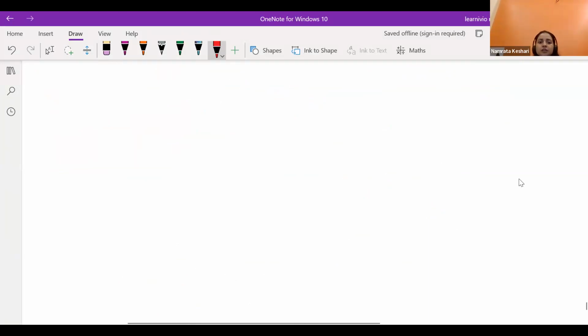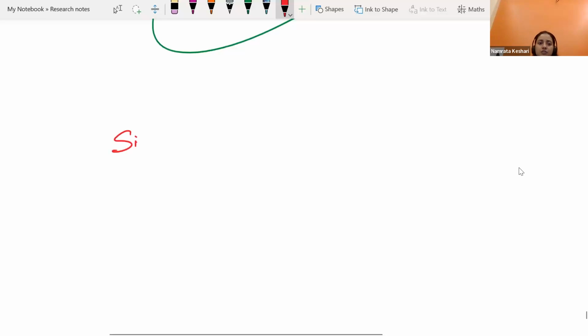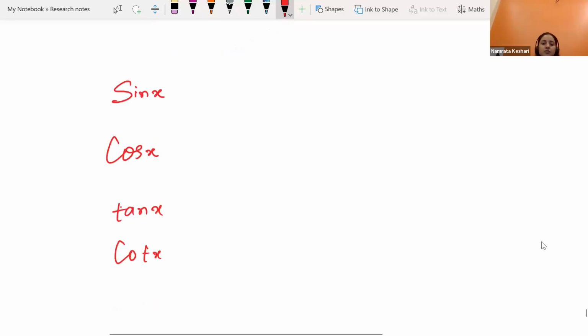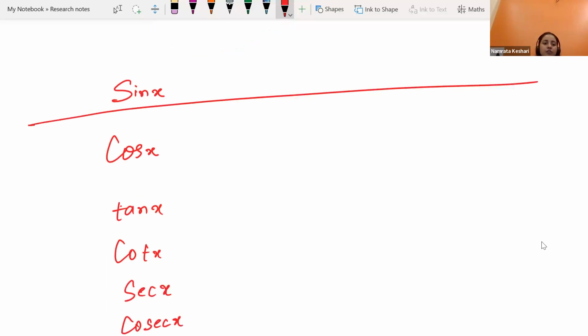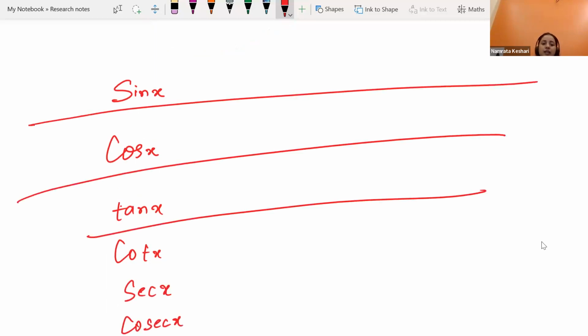Trigonometric functions: we are having the sine function, the cosine function, the tan function, cotangent, the sec function, and the cosec function. For the sine function, the graph looks like a sinusoidal curve.